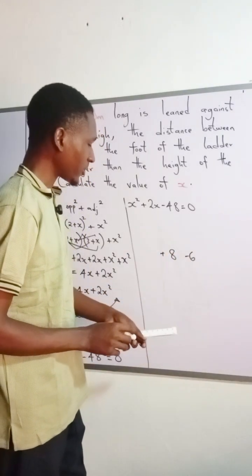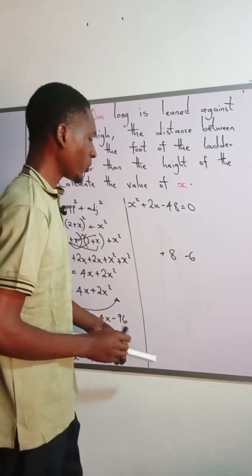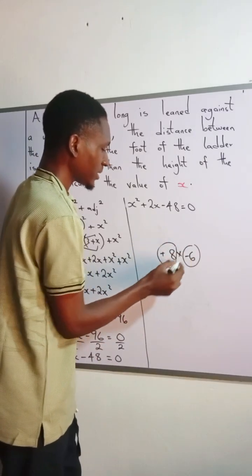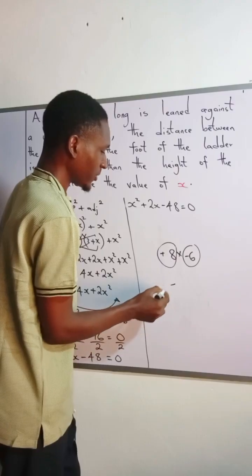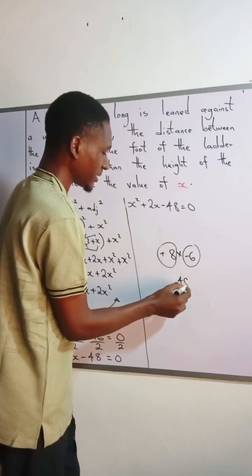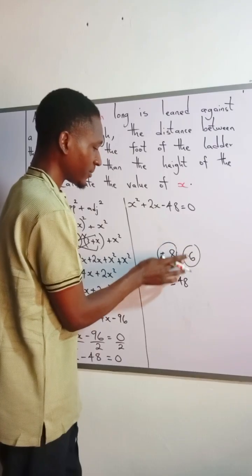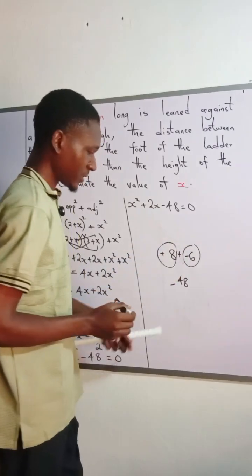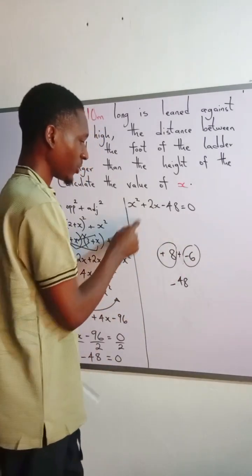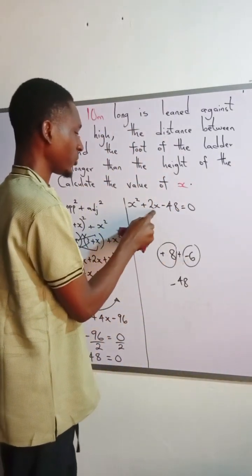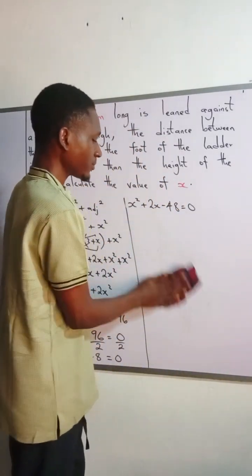So when you multiply plus 8 by minus 6, plus times minus gives you minus. 8 times 6 gives you 48, which is this 48 here. And when you add them together, plus 8 plus minus 6, you get plus 2. So therefore, we are going to use plus 8 and minus 6 to represent these two x here.